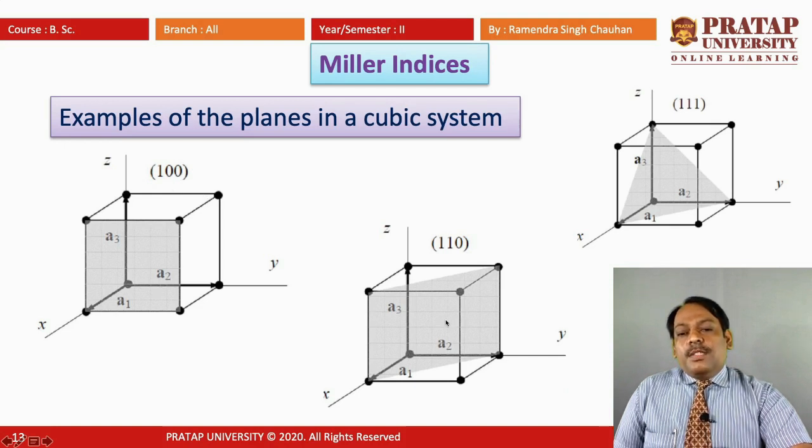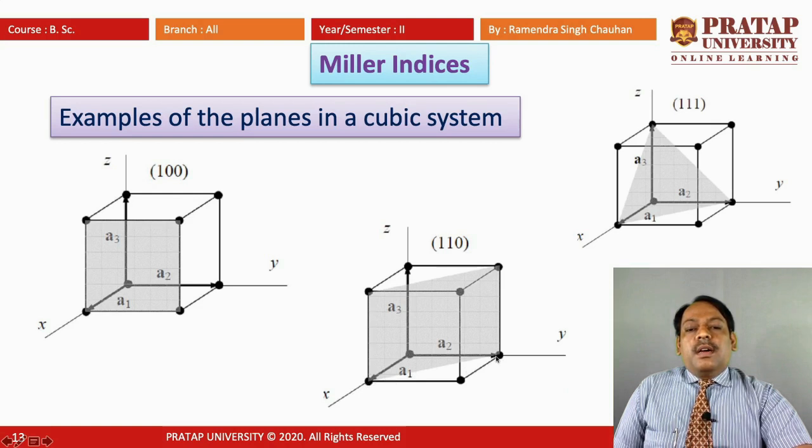Now, here we see the plane 1 1 0. We can clearly see that this is parallel to the z axis, and it has intercepts of unit cell dimension along the x axis and y axis. The intercept along the z axis will be infinity, so we have the plane 1 1 0.